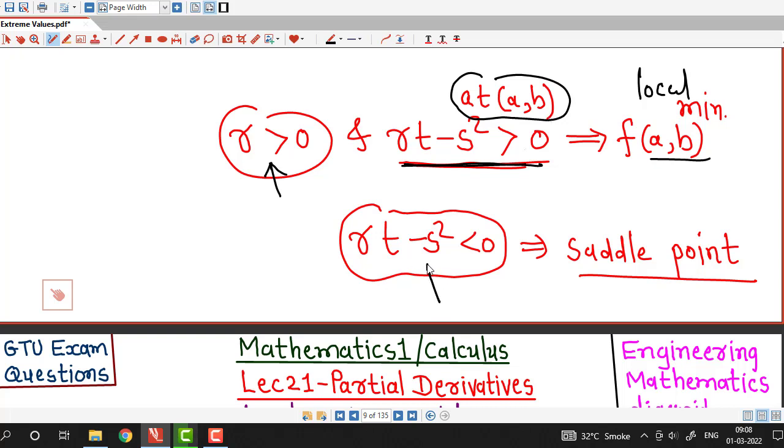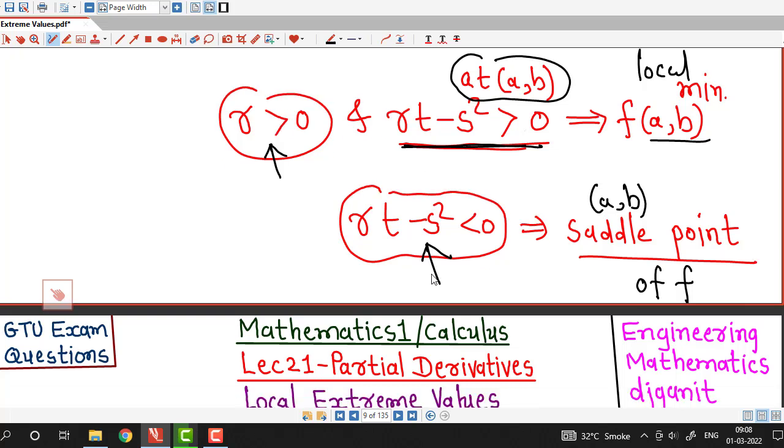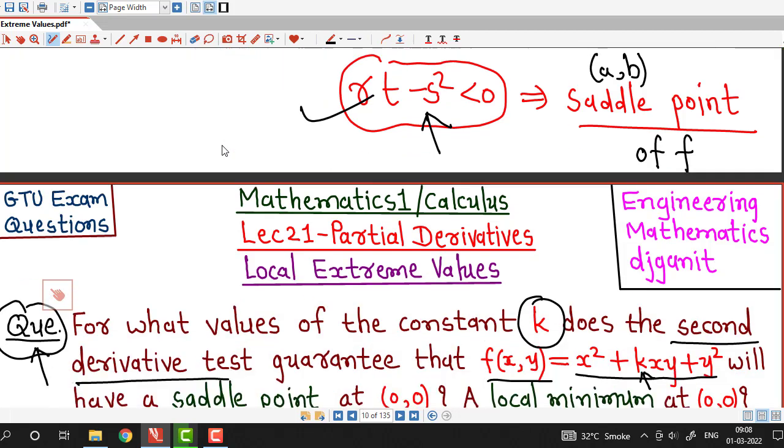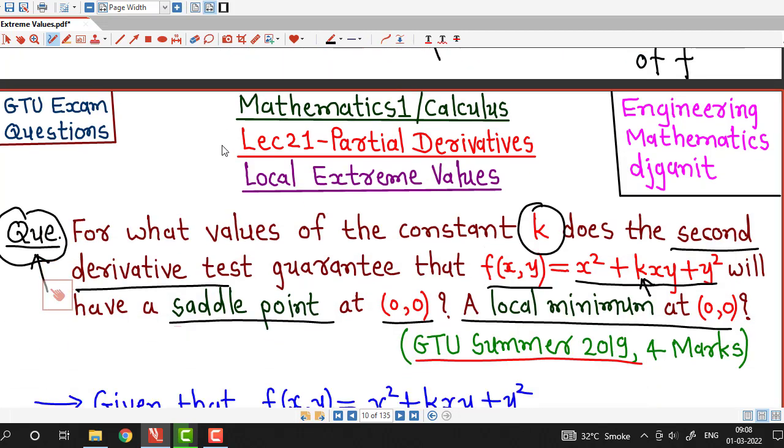And if rt minus s² is negative at point (a,b), then (a,b) is called a saddle point of the given function f, or we can say that the function has neither maximum nor minimum at that point. So we require this much knowledge to solve this problem.